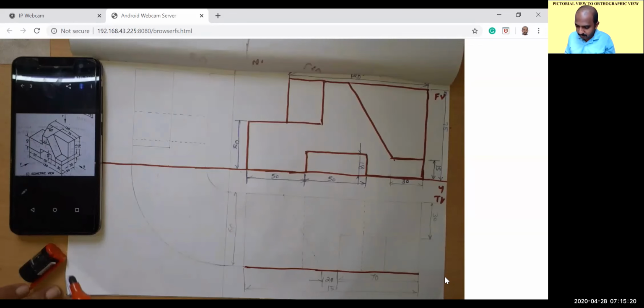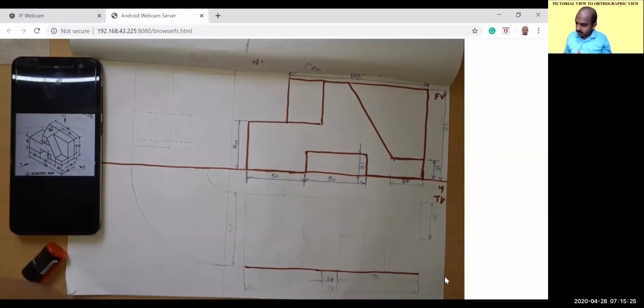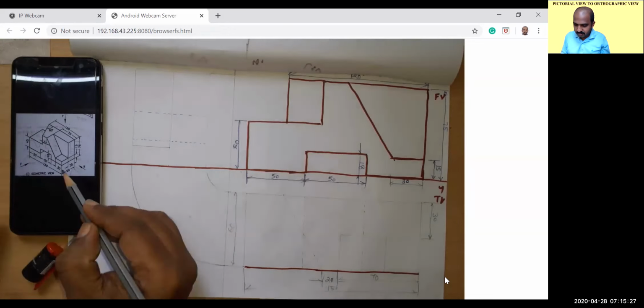Now, when you are looking, what about the width? The length is 150, and the width is 60.